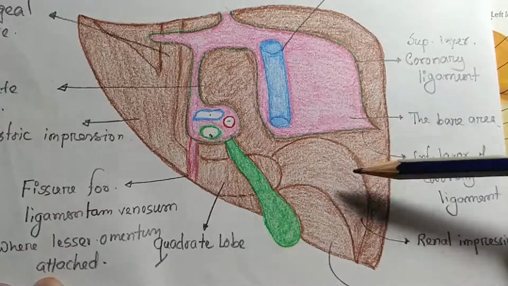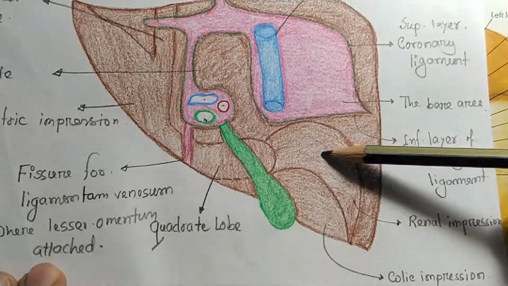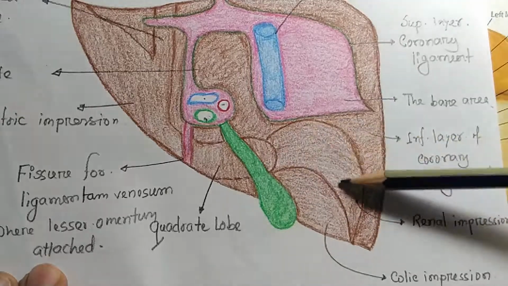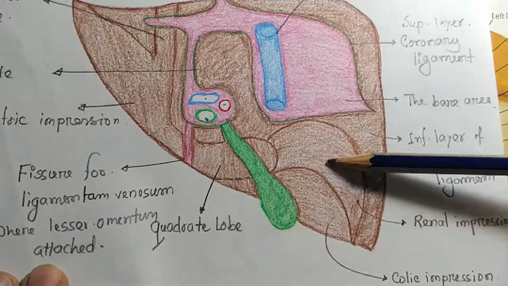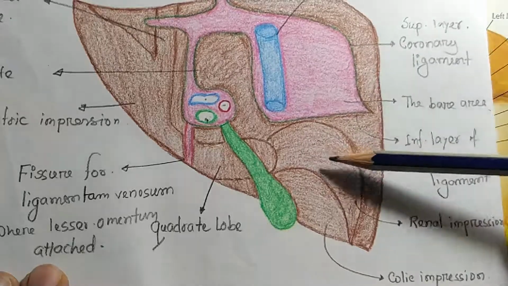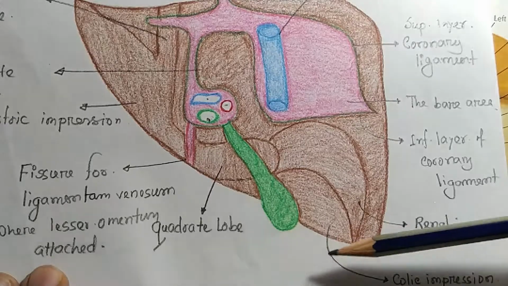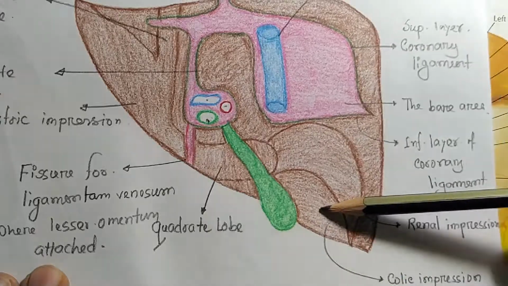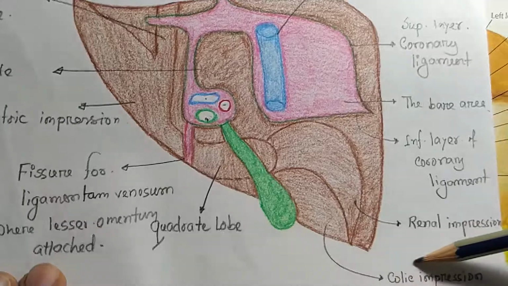On the right side, there are the renal impression and the colic impression. So this is the renal impression. With this relationship, the upper pole of the right kidney is allied with the renal impression, and slightly inferiorly there is a colic impression. The right colic flexure, or hepatic flexure, is also called the colic impression.